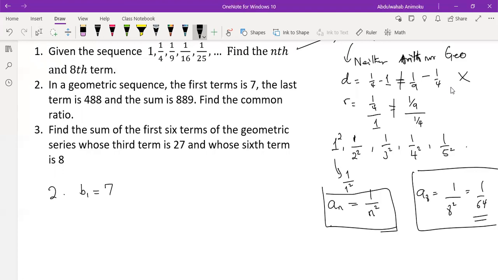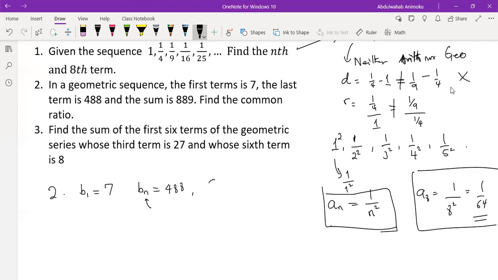And this is a useful skill to have: whatever information you're given about a sequence, make sure you write out the things that you know about it. So B1 is given, and also the last term. We don't know what this last term's index is, so we just call it the nth term, and it's 488.